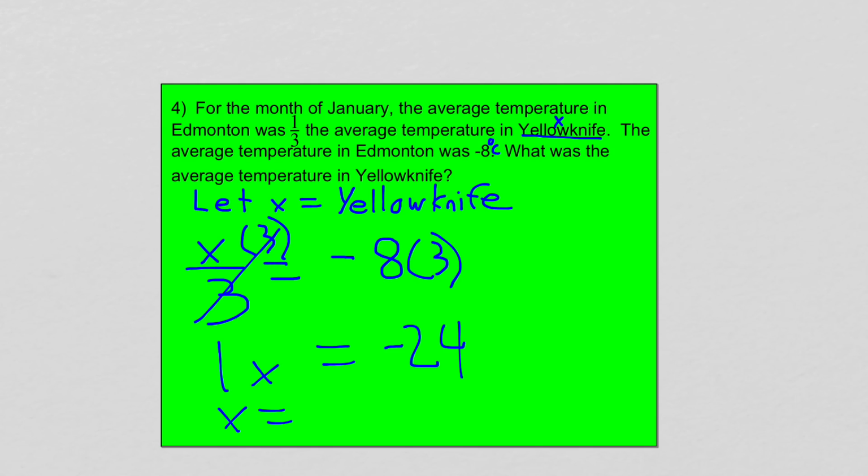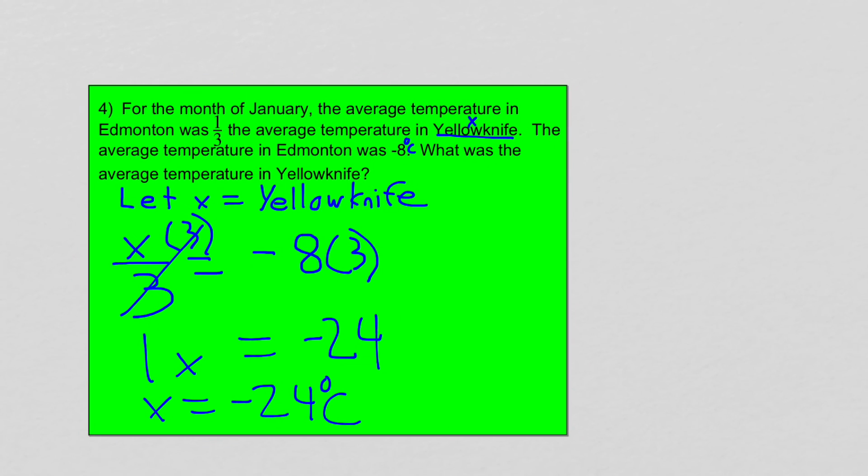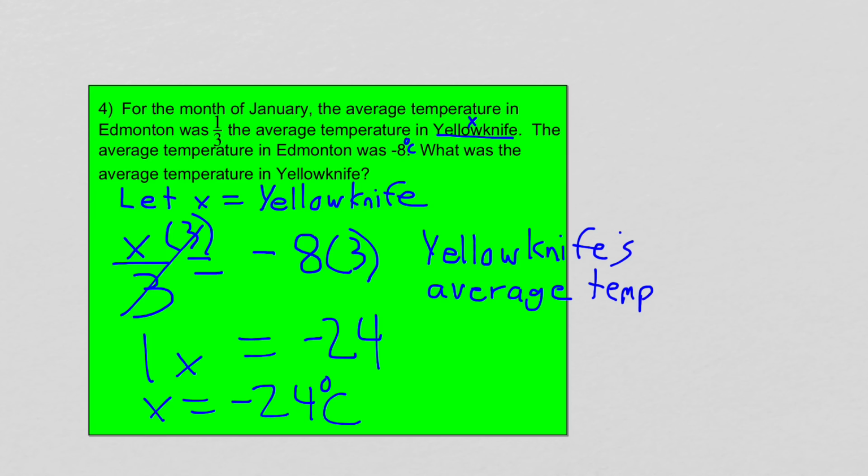X is equal to -24 degrees Celsius. And that means Yellowknife's average temperature was -24 degrees Celsius.